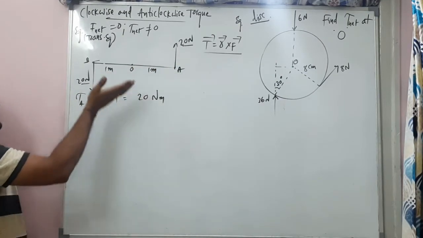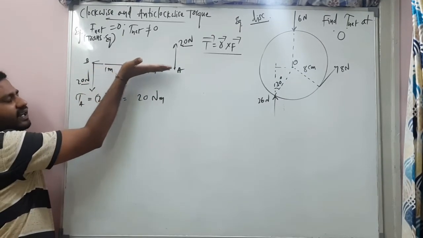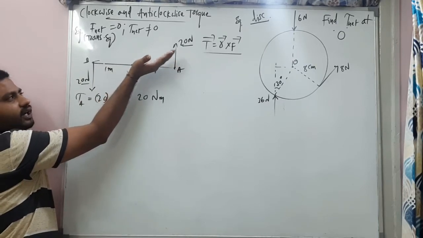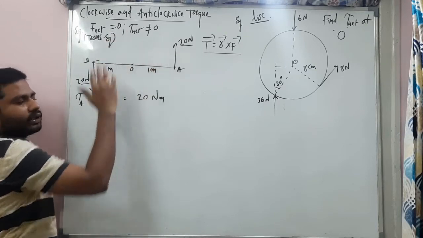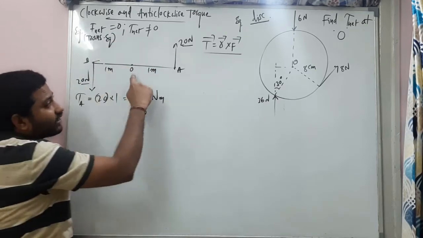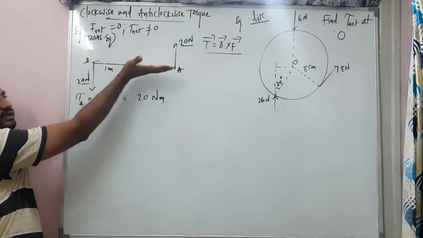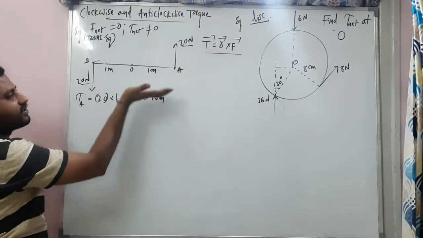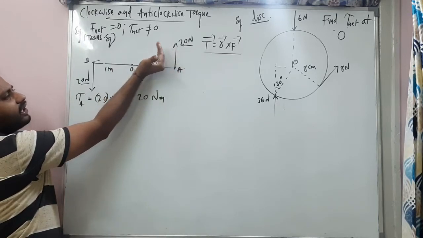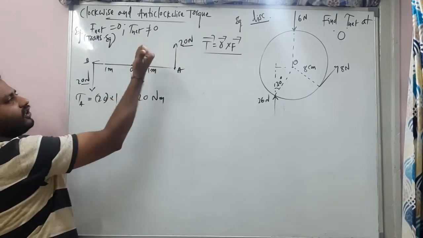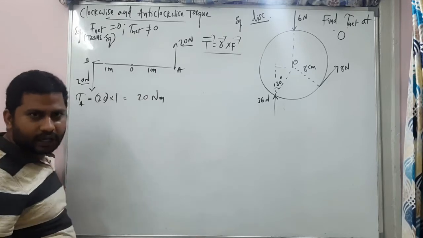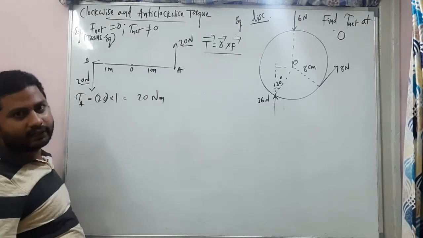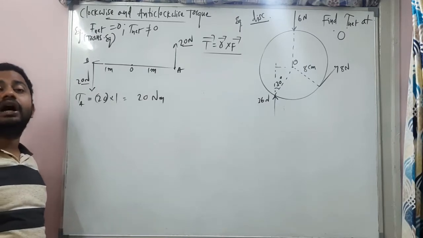In the direction of R bar, I am stretching my fingers, and in the direction of F bar, I am curling the fingers. Everybody look here. Stretching the fingers and curling the fingers. So the direction of the thumb is out of the plane. That means the torque is directed out of the plane.